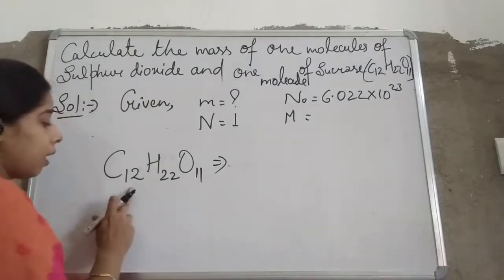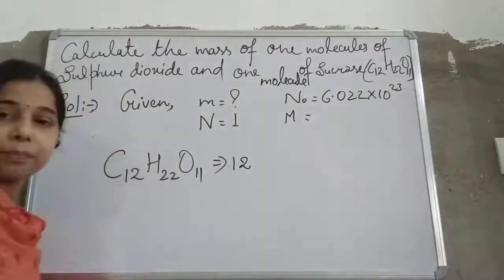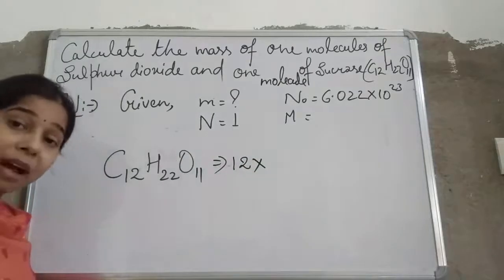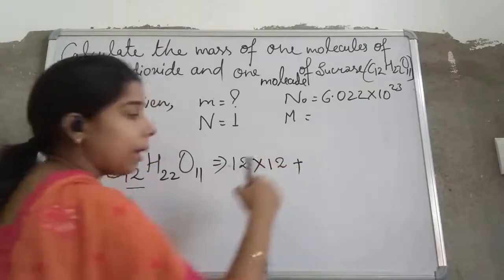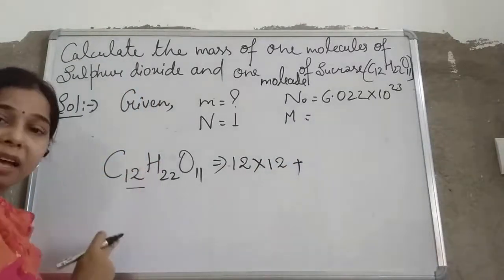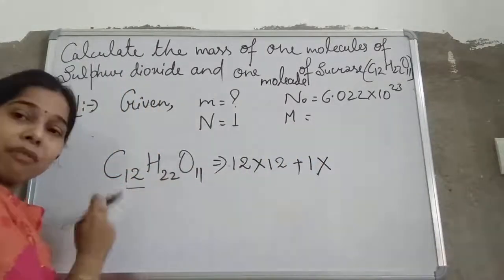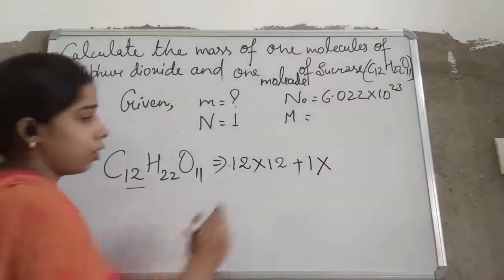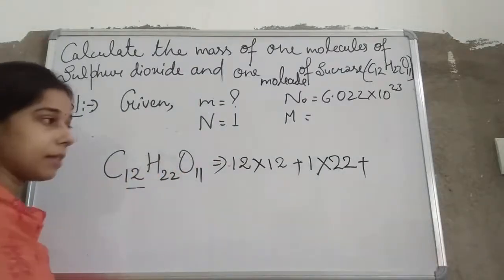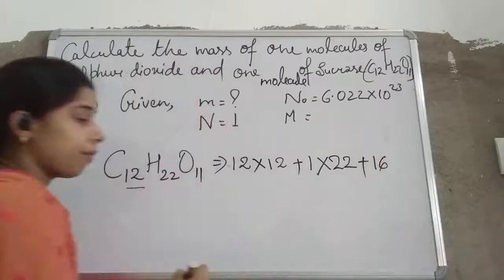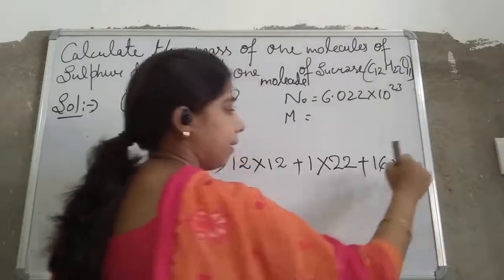Now you see here, the atomic mass of carbon is 12, into the number of atoms of carbon, which is 12, so 12 into 12, plus the atomic mass of hydrogen is 1, into the number of atoms of hydrogen, which is 22, plus the atomic mass of oxygen is 16, and the number of atoms of oxygen is 11.